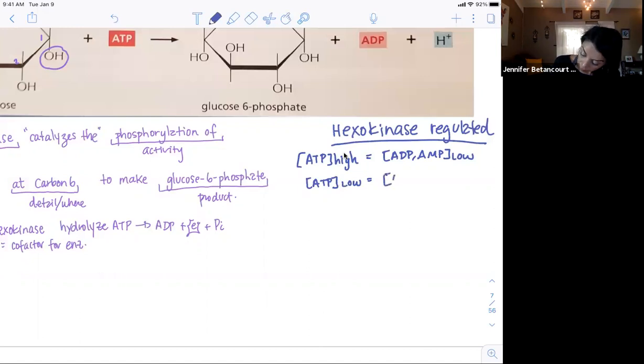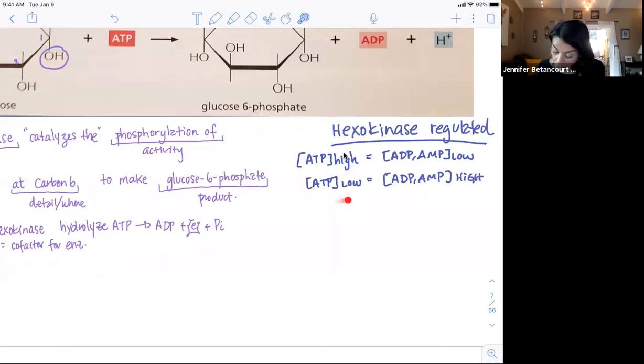Okay, so having known that, we can say: when ATP is low, or when these things are high, we need to speed this process up because we need to make more ATP.